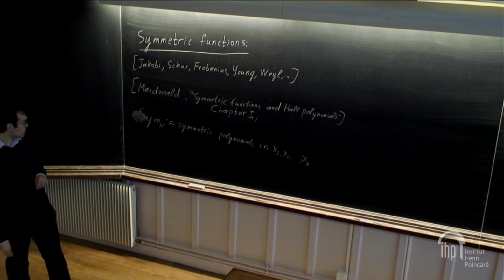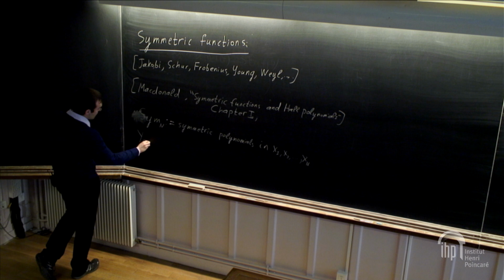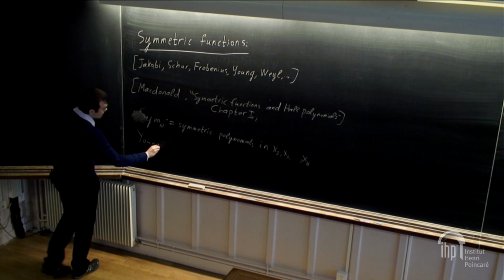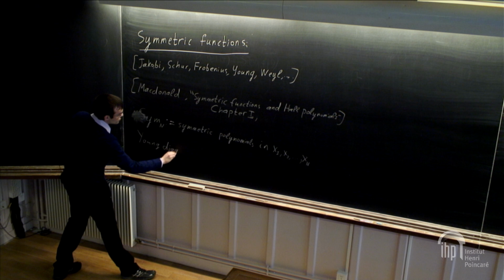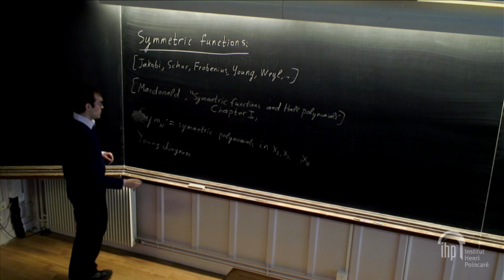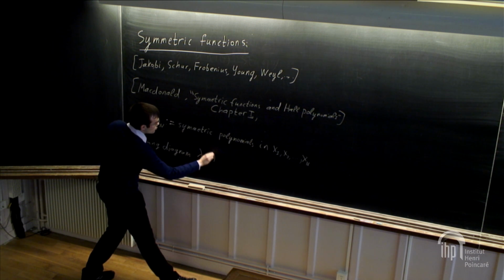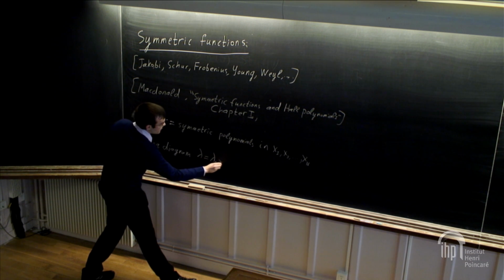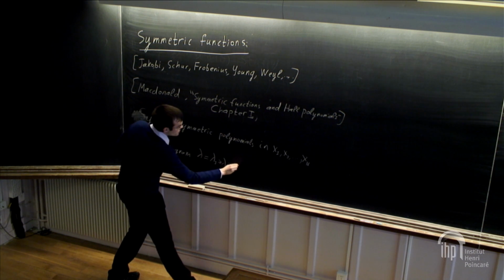I will also need the notion of Young diagram, which was almost introduced on the slides. It will also be denoted as lambda, and this is also some collection of non-increasing integers.